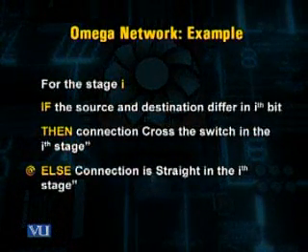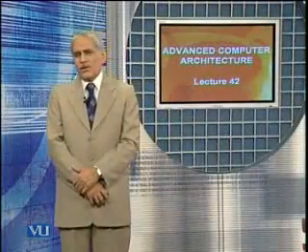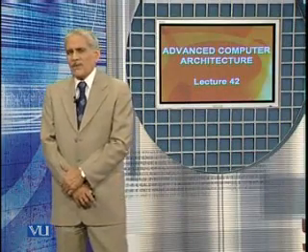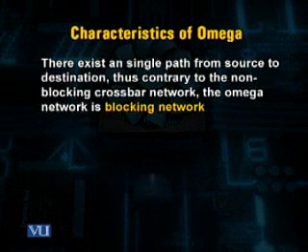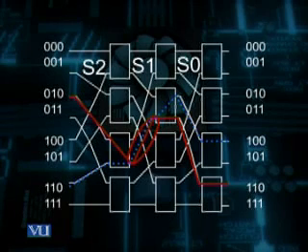Otherwise, the connection is straight in that particular stage. And this is clearly shown in our example which we have already depicted. However, there exists a single path from the source to the destination. Thus, contrary to the non-blocking crossbar network, the omega network is basically a blocking network. Now, this is shown here in this diagram by marking the red path, where the blocking exists.